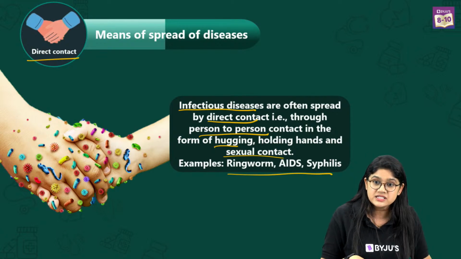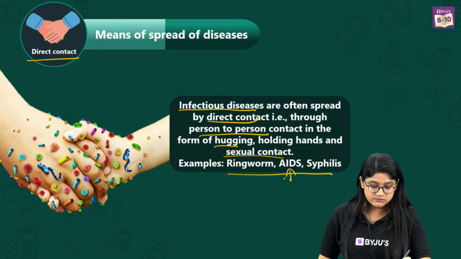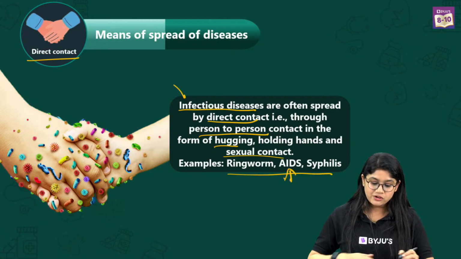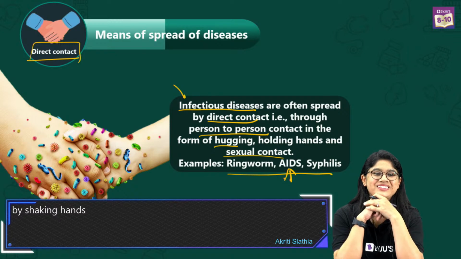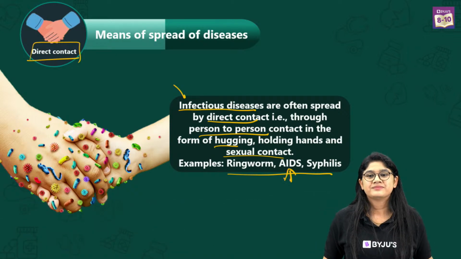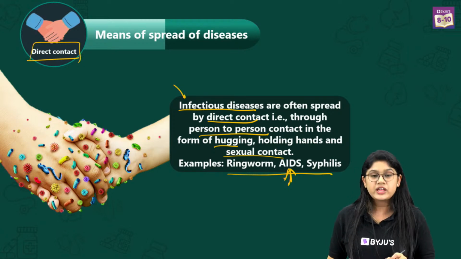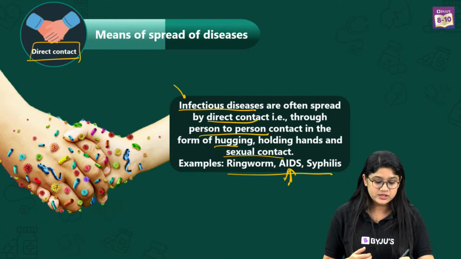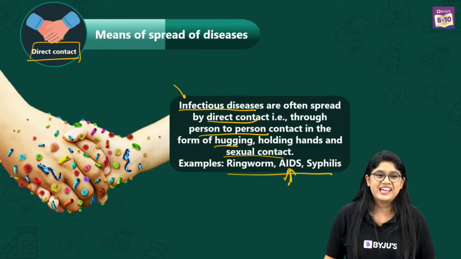AIDS is an infectious disease, and it has lots of media, especially the direct medium. So AIDS will not spread by shaking hands or by hugging. If there is an exchange of body fluids, then of course a healthy person can get infected. Everyone, are we clear?